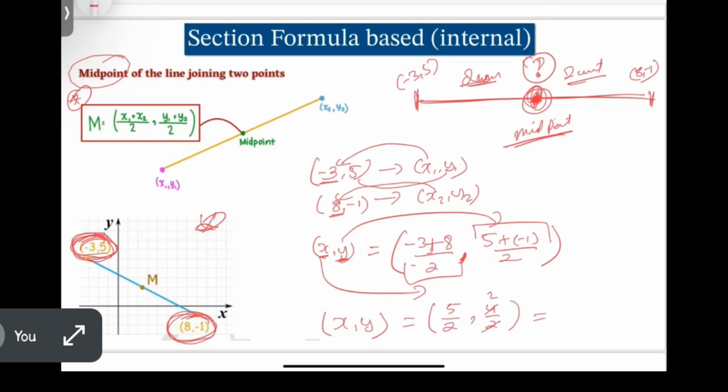So 5 divided by 2 comma 2 is the answer. Okay, so the midpoint here is nothing but 5 divided by 2 comma 2, or it can also be written as 2.5 comma 2. Because 5 divided by 2 is nothing but 2.5 only. So that is midpoint. Do we have questions on section formula?